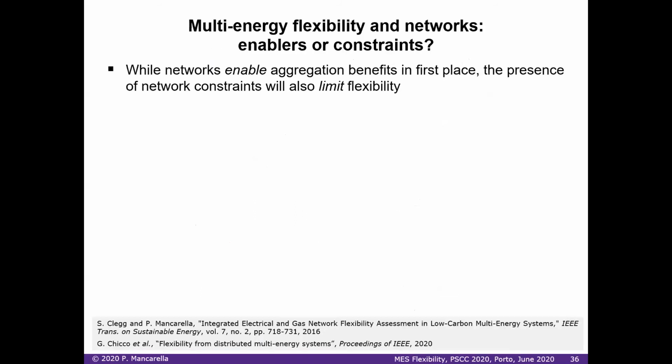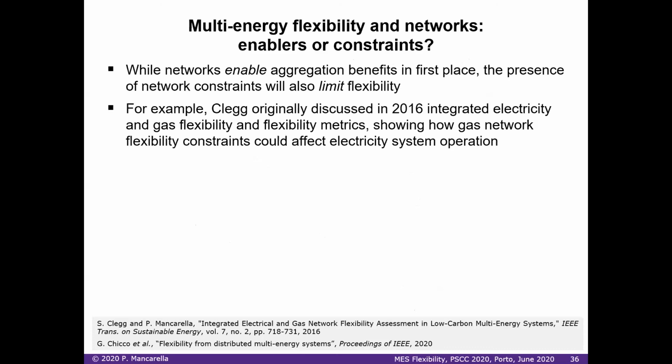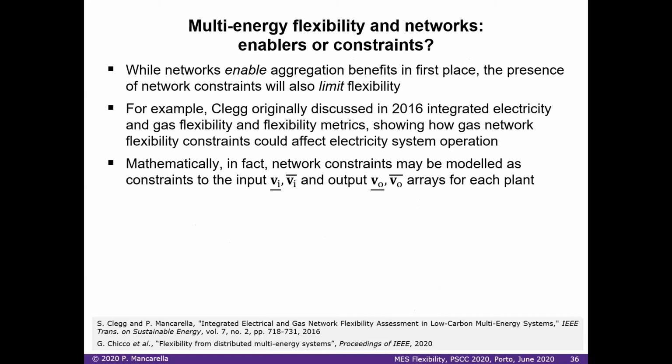How about networks? What kind of role would networks play? Well, networks actually represent both enablers and constraints. Enablers because having a network allows you to, of course, aggregate. You cannot aggregate plants if they're not linked by networks. But the moment that you have constraints, they also limit the flexibility they can transfer across different systems.